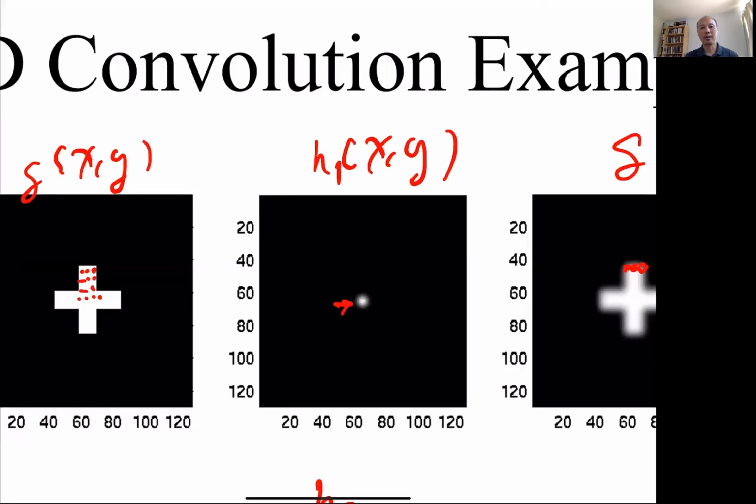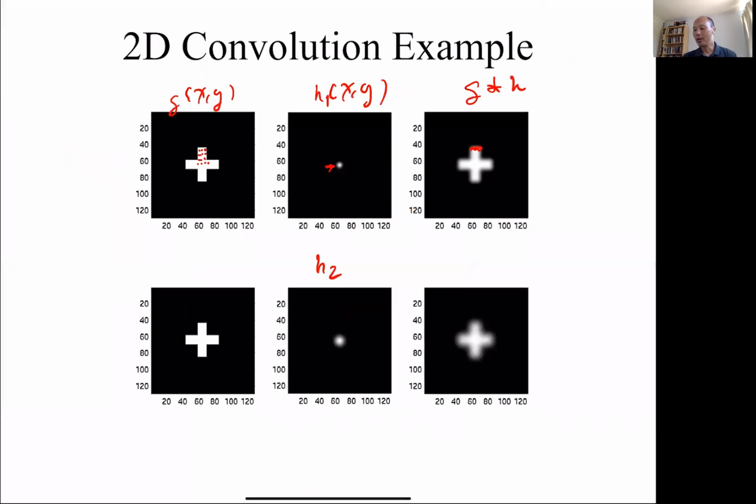That's why convolution is so useful: if I know my impulse response, that is enough information to characterize my entire system. That's why we talk so much about impulse responses.